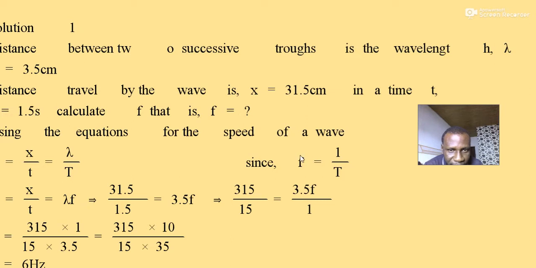Replace 1 over T with f, to give lambda f, wavelength times frequency. So if we substitute the respective values, 3.5 for wavelength, 31.5 for x, and 1.5 for time t, we make some mathematical arrangement and arrive at the answer, 6 Hz.